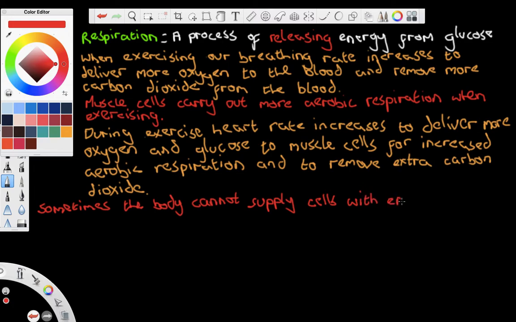Now, this is a problem because cells carry out aerobic respiration normally. However, sometimes they don't get enough oxygen and they have to carry out what's known as anaerobic respiration.